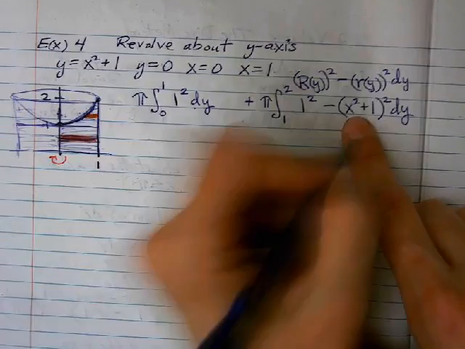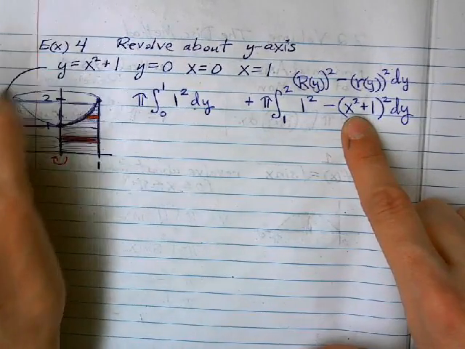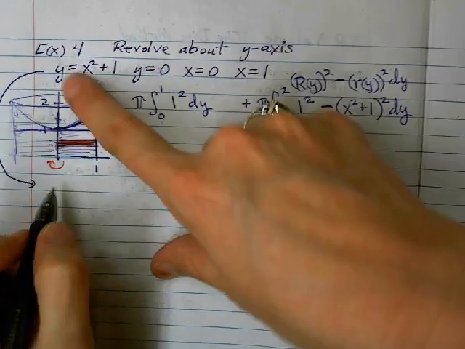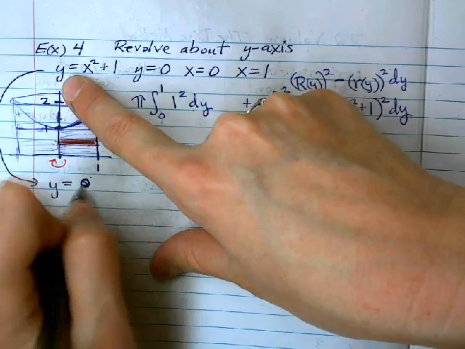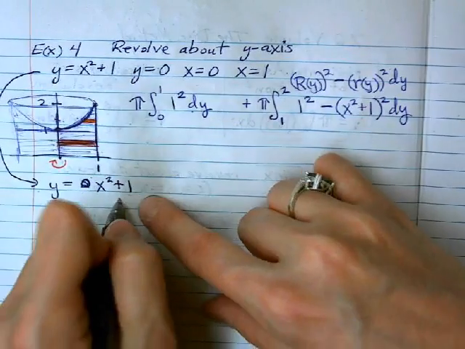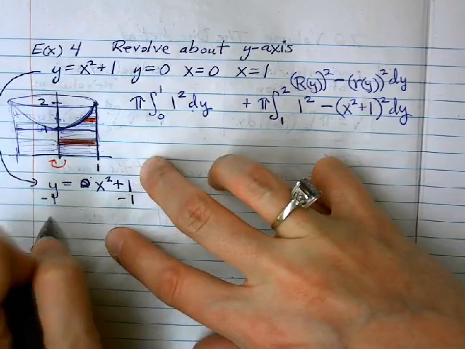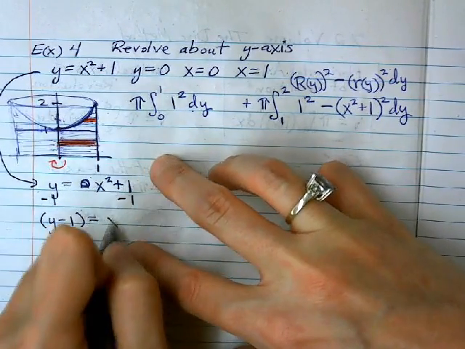See, this said y equals x squared plus 1. You have to solve that for x. So you subtract 1, so it's y minus 1 equals x squared. Then you take the square root, so the square root of y minus 1 equals x.